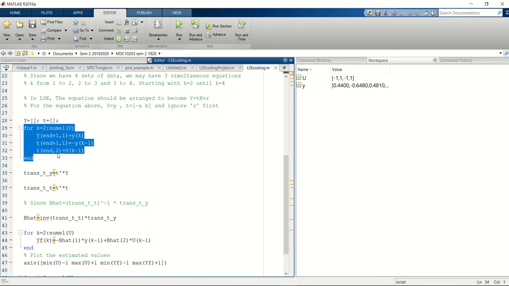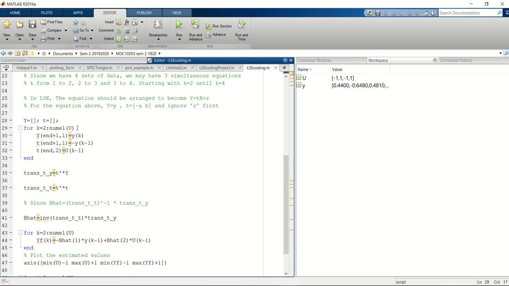Look at here, I use for k equals 2 until the number of elements of u. Okay, just now we have here u with 1 2 3 4 elements, so I put k equals 2 until 4.